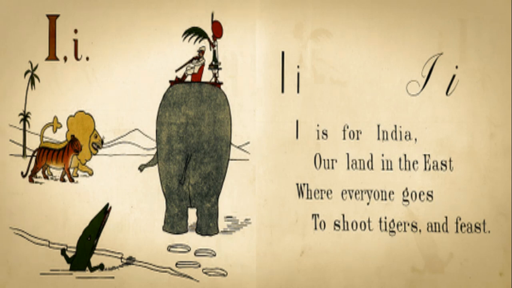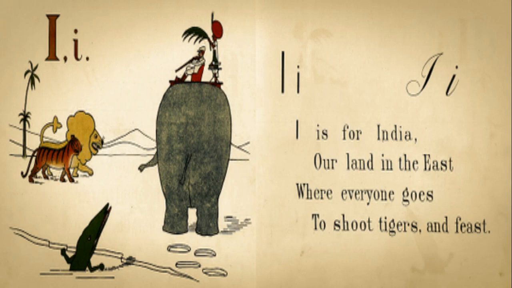You also have in this one, I is for India, our land in the east, where everyone goes to shoot tigers and feast. Again, this just simply demonstrates the superiority of these industrialized Western nations towards their colonial possessions and their colonized subjects, right?